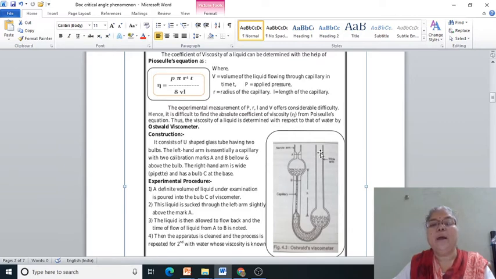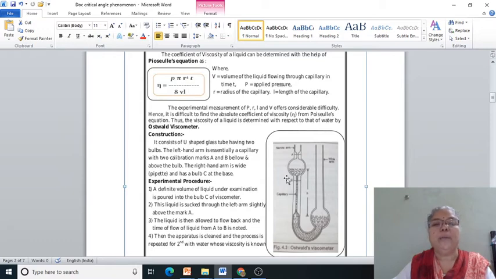One arm of the U-tube is slightly wide, and the other arm is narrow, and this narrow side is provided with rubber tubing and a capillary.